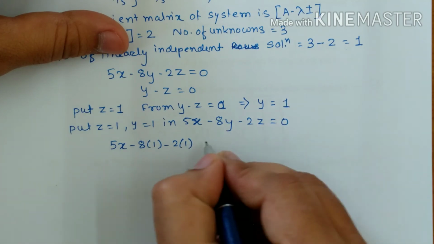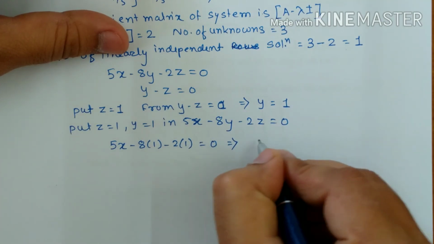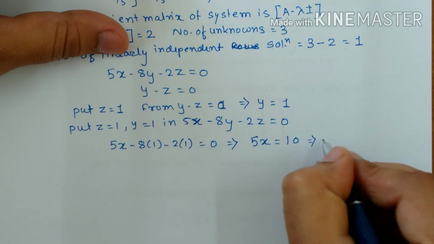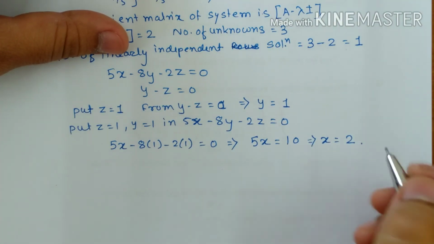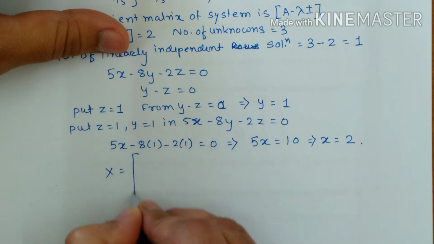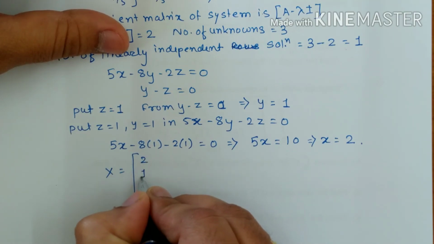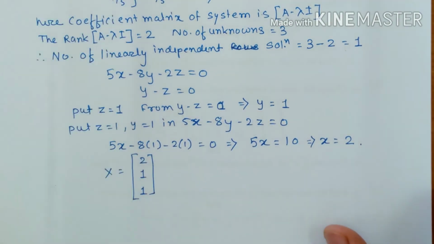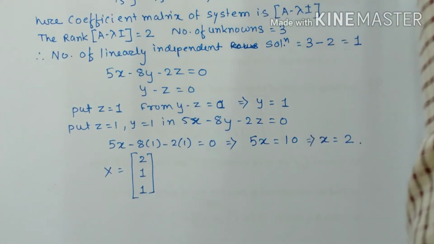So this gives minus 10, shifted to the right hand side, 5x is equal to plus 10. So x is equal to 2. Hence my eigenvector is x is 2, y is 1 and z is 1. So (2, 1, 1) is my expected linearly independent eigenvector.